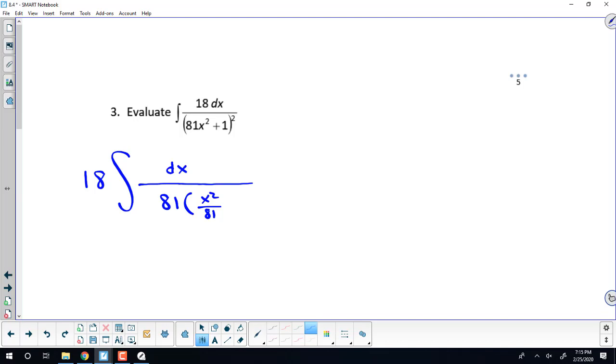I don't know if we want to. So the goal here really is to turn this 81x squared plus 1 into a trig function that's being squared. So we want to turn those two terms into a single term. Let's see what happens.